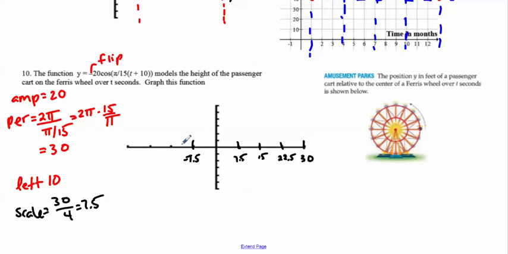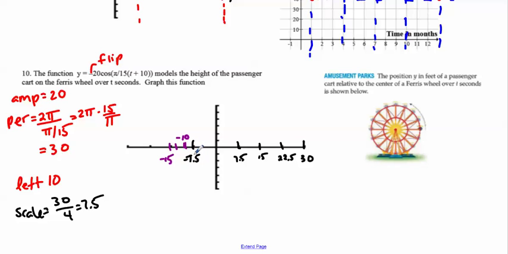So when I shift left 10, think about 10 and this one here, which is negative 15. So if I split this block into 3, 1, 2, 3, negative 10 would land right here. So it's a third less than that block. So all of my important points are going to happen 1/3 less. So I need a point for negative 10.